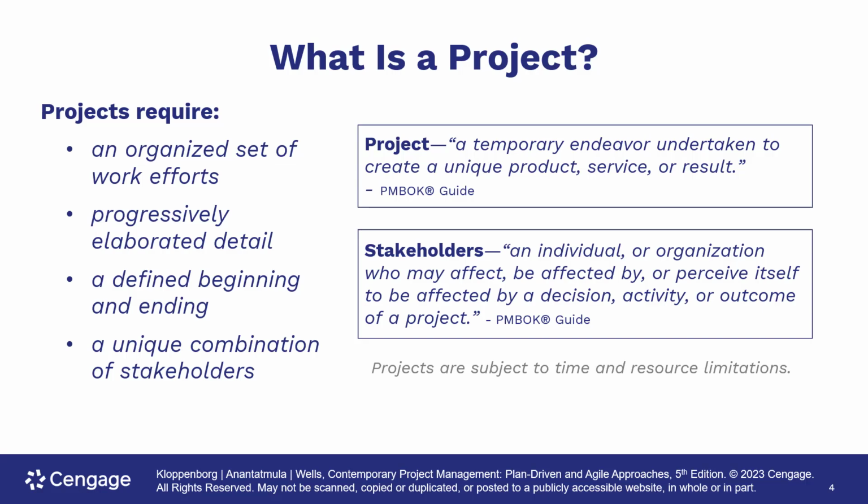This is straight from the PMBOK guide itself, and we'll cover what the PMBOK is a little bit later. Always know that the outcome of a project is a product, a service, or result. I guarantee you guys this will be on the test.